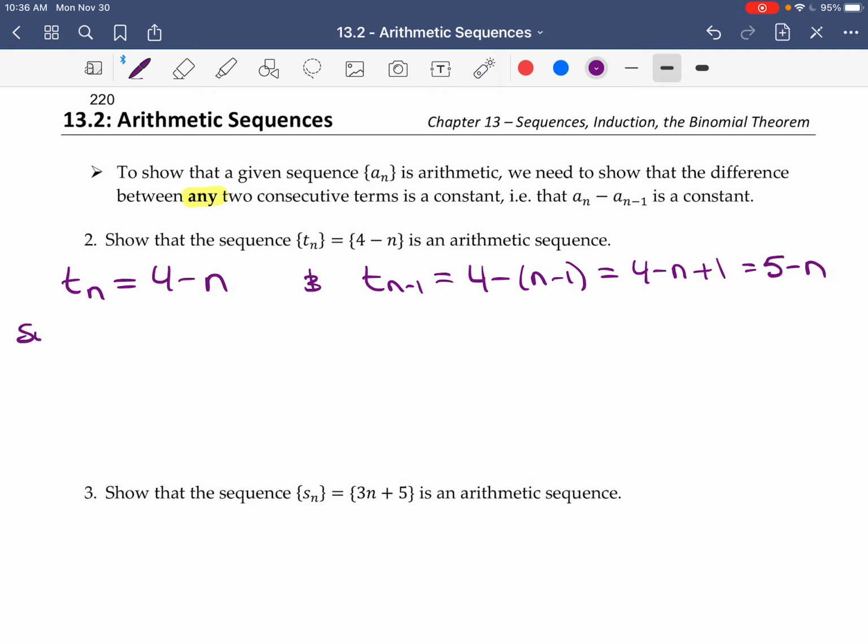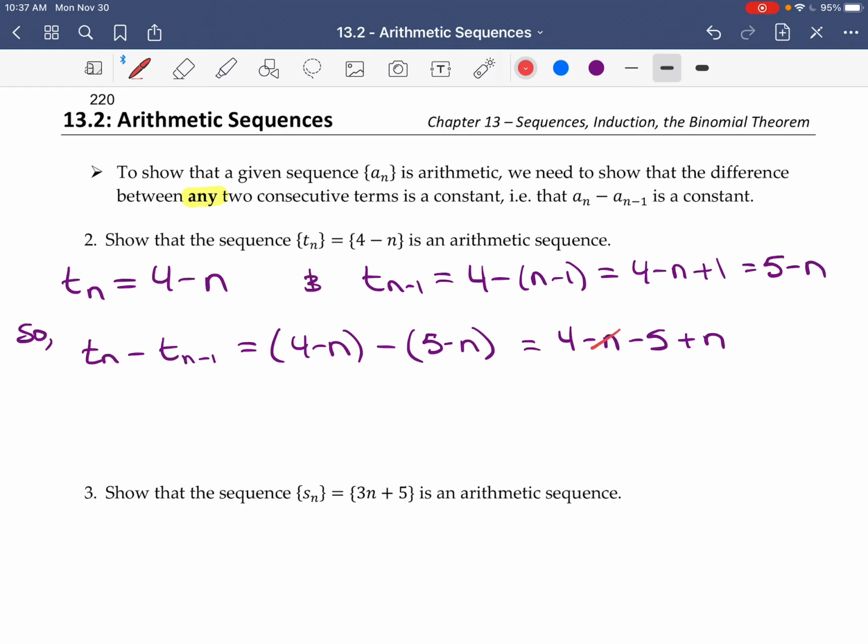Okay, so Tn minus Tn minus 1, I want to show this is a constant. Tn is 4 minus n, and Tn minus 1 is 5 minus n. So that's 4 minus n minus 5 minus negative n, which is actually plus n.